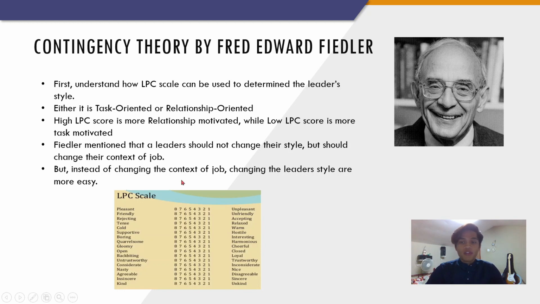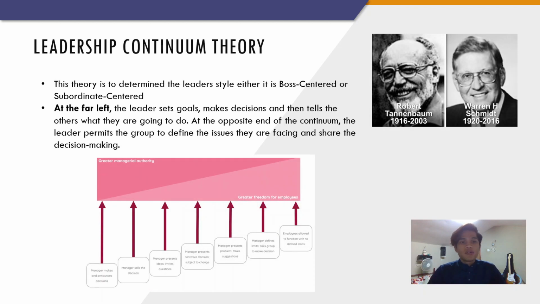If you have a high LPC score, you are more relationship motivated, while a low LPC score means more task motivated. Fiedler mentioned that the leader should not change their style, but should change the context of the job. But instead, changing the leader's style is easier because changing the context of the job is quite impossible.